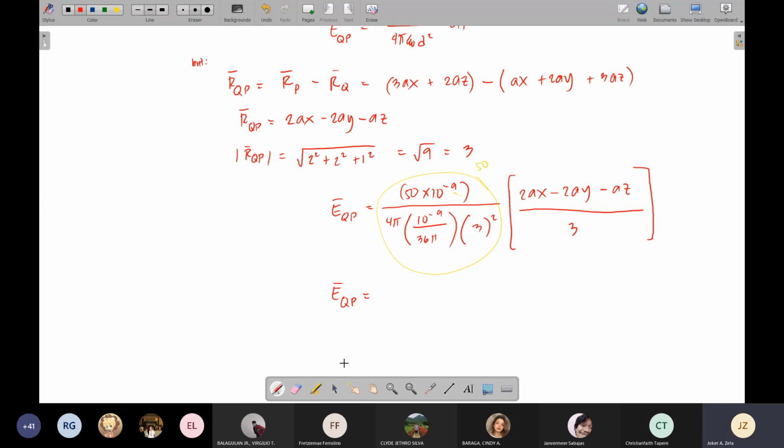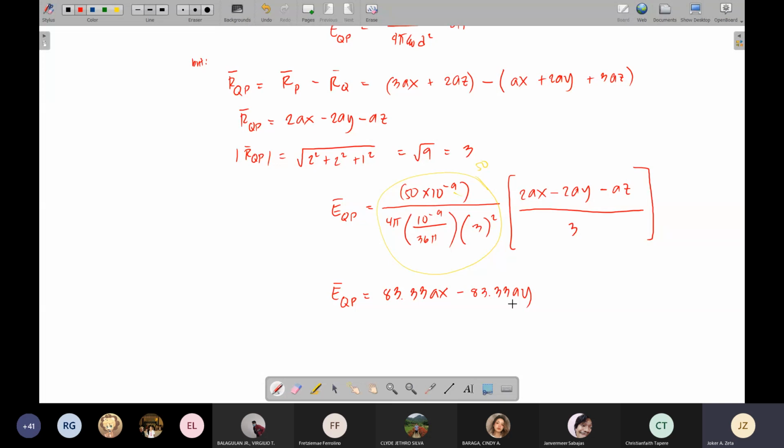So that is 83.33. 83.33 AX. Then, for AY, parehas naman siyang 2, so minus 83.33 AY. Then for AZ, so 50 times negative 1 divided by 3.